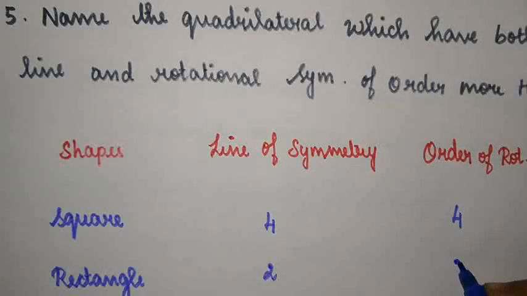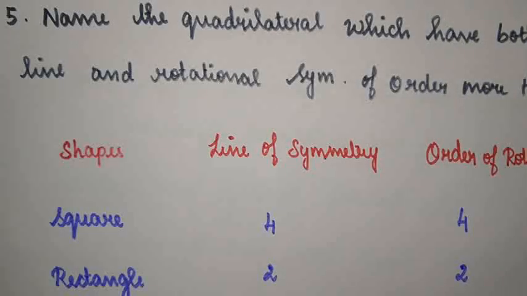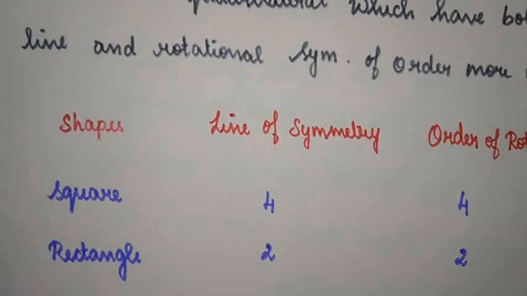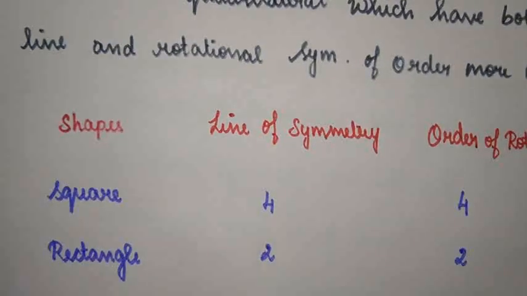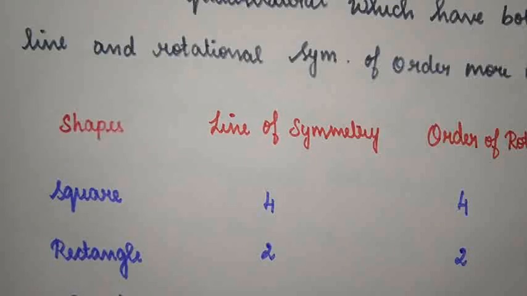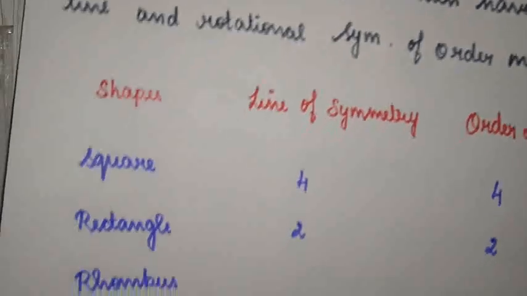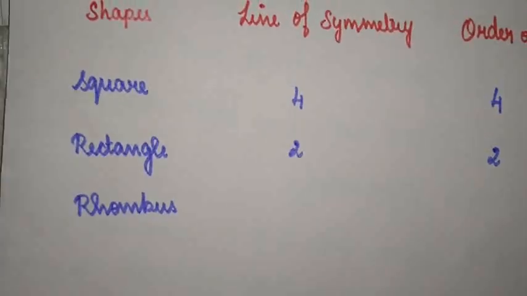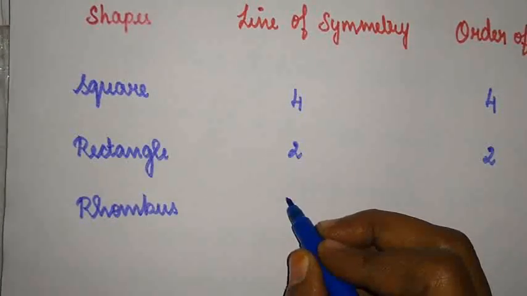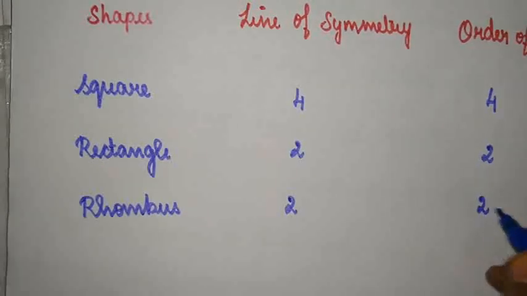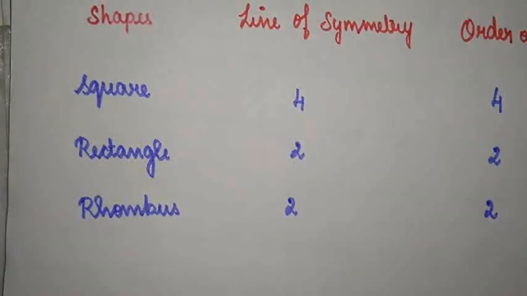Order of rotational symmetry is 2. Next we take rhombus. Here line of symmetry is 2. Already you learnt in the last exercise. Order of symmetry is 2. This is revision for you.